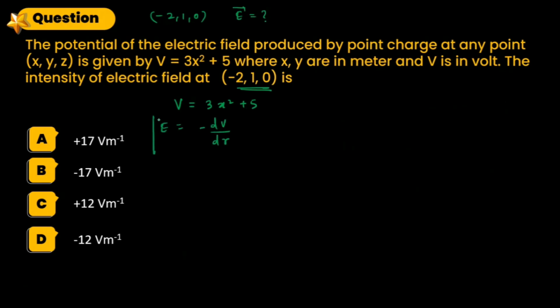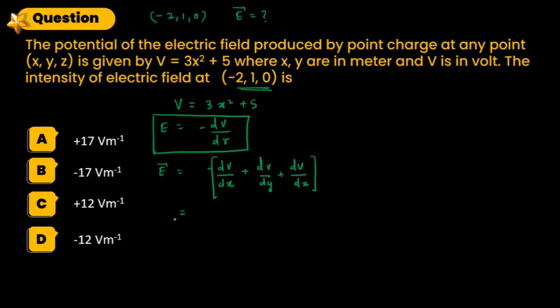But here the particle position is changing along all three axes, x, y, and z. So the electric field must be given by the negative of dV over dx plus dV over dy plus dV over dz. This is important to understand.